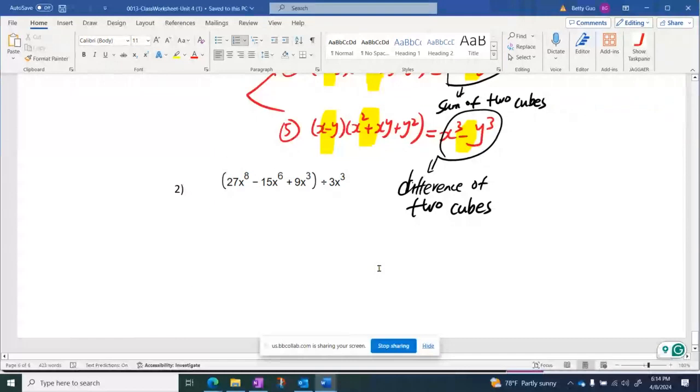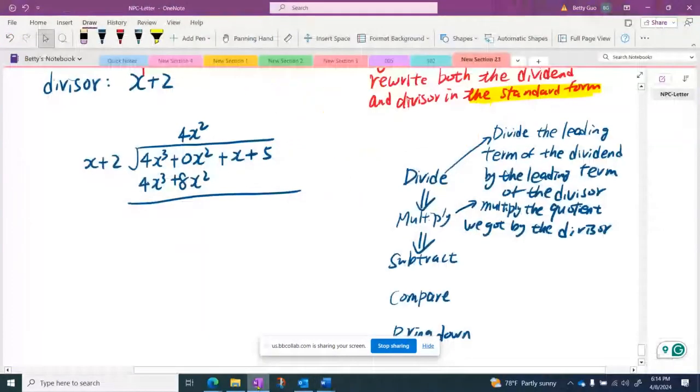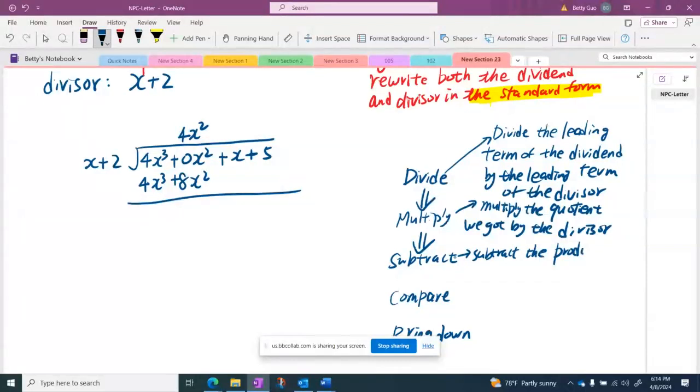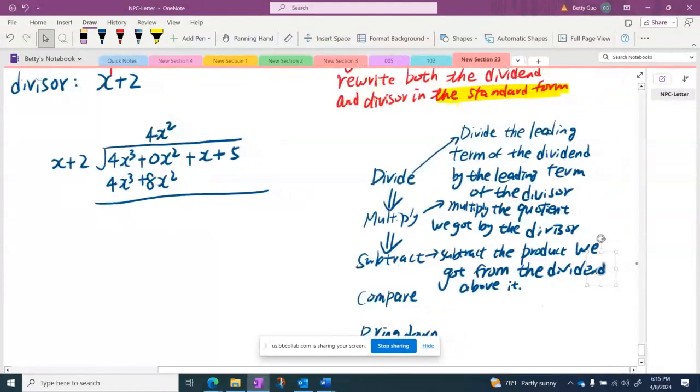Next step. Subtract. Subtract what from what? Subtract the product we just got from step 2 from the dividend above it. You can reword it, by the way.